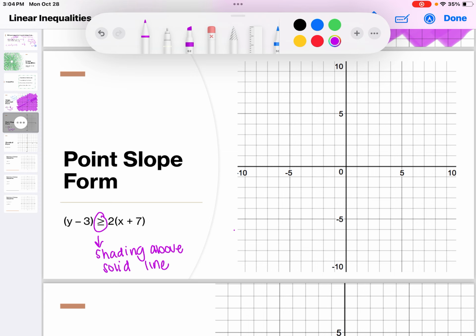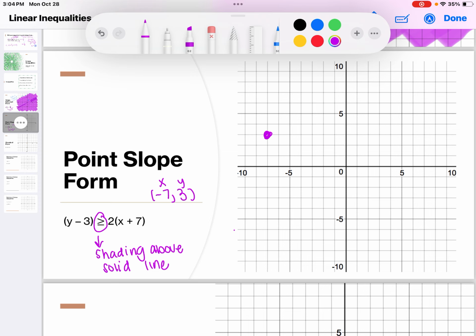So here's my first question. What point is that equation giving us? If you said (-7, 3), you are correct. So let's go plot that point. (-7, 3) would be right here.